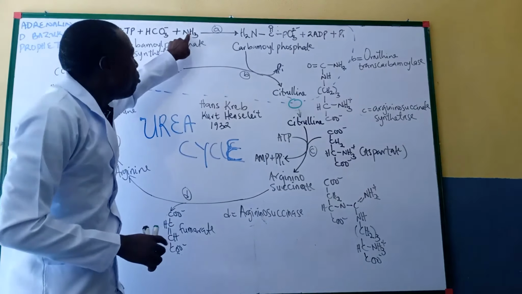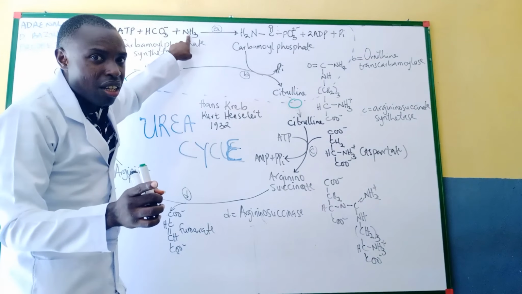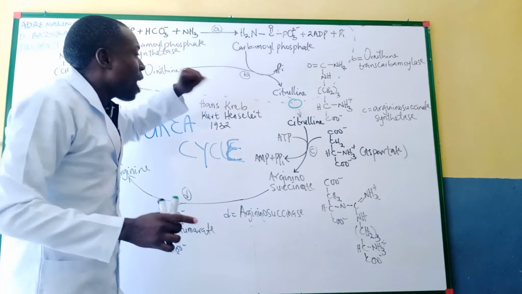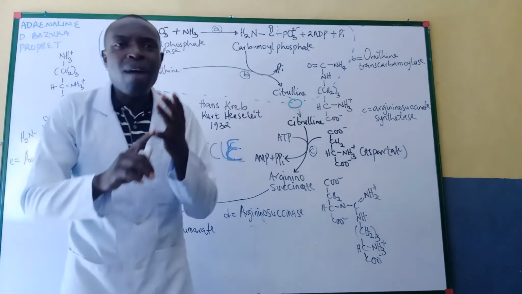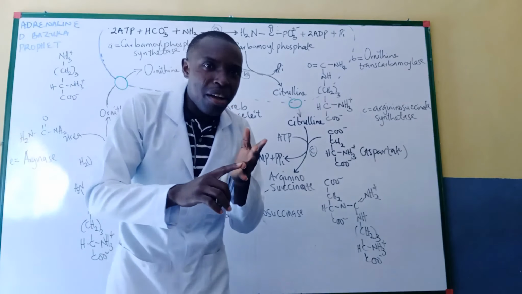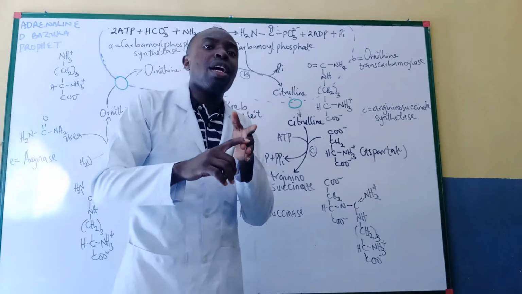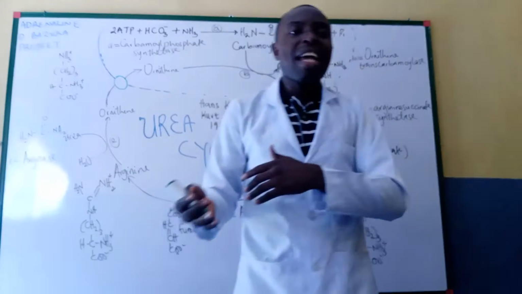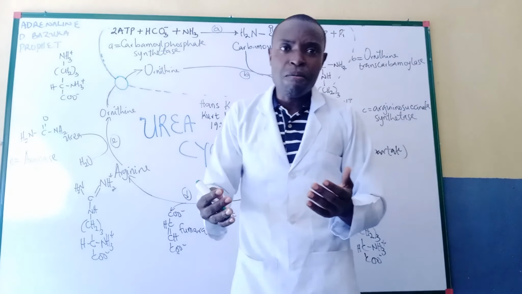Please take note, this ammonia is coming from the breakdown of glutamate, plus aspartate to yield what we call fumarate and urea, and also the liberation of what now? Of 2 ADP plus Pi and AMP, which is called adenosine monophosphate.